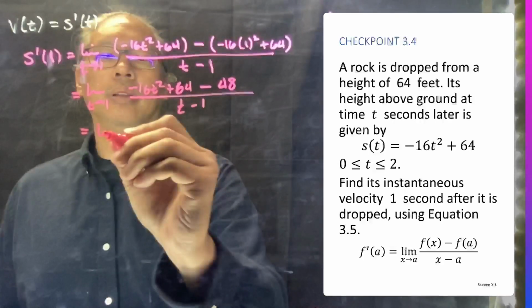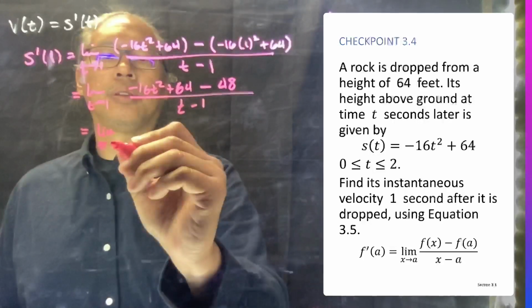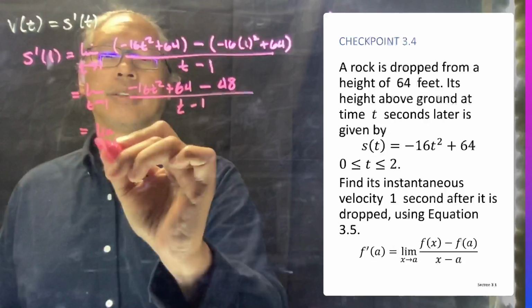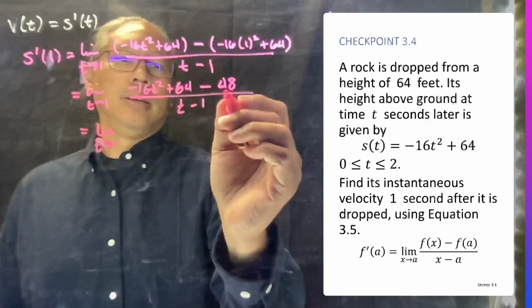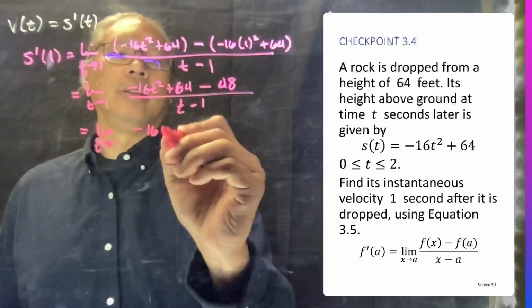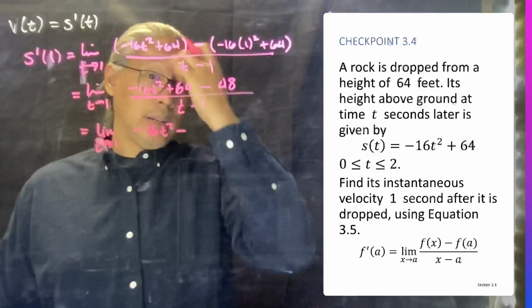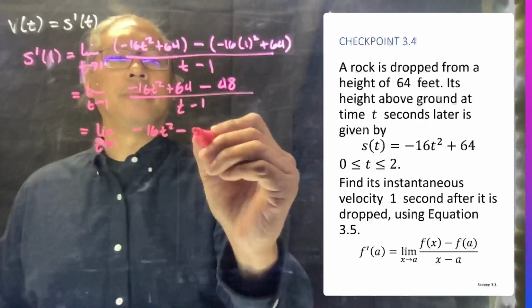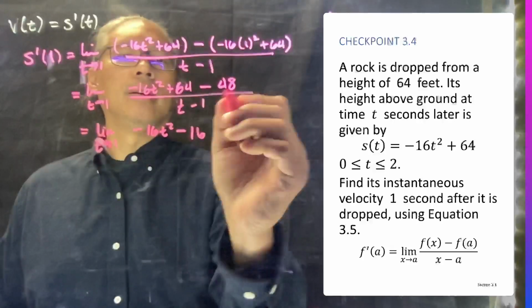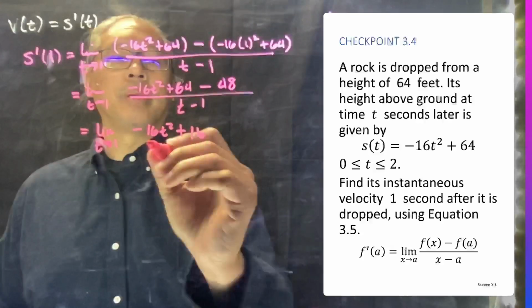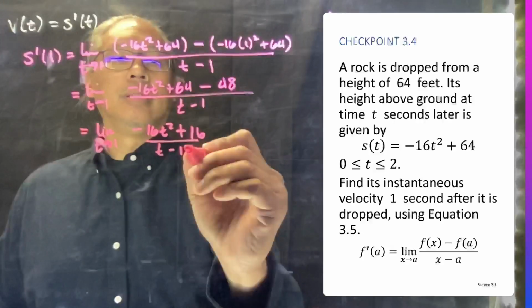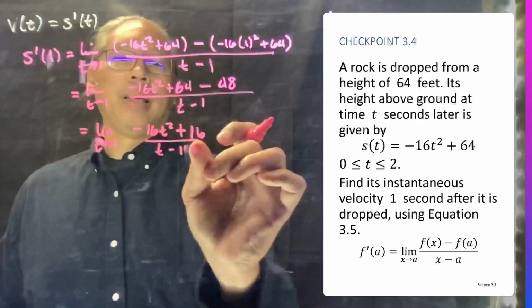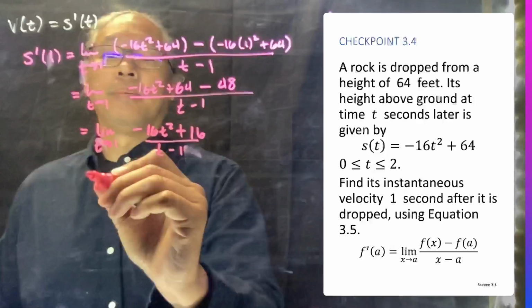And this would be the limit as t approaches 1 of negative 16 t squared plus 64 minus 48, which ends up being 16, positive 16, over t minus 1.